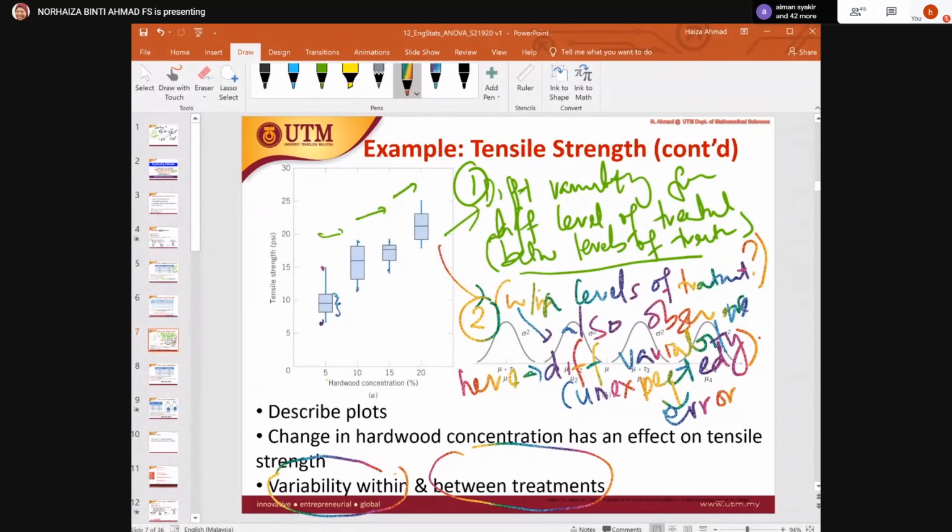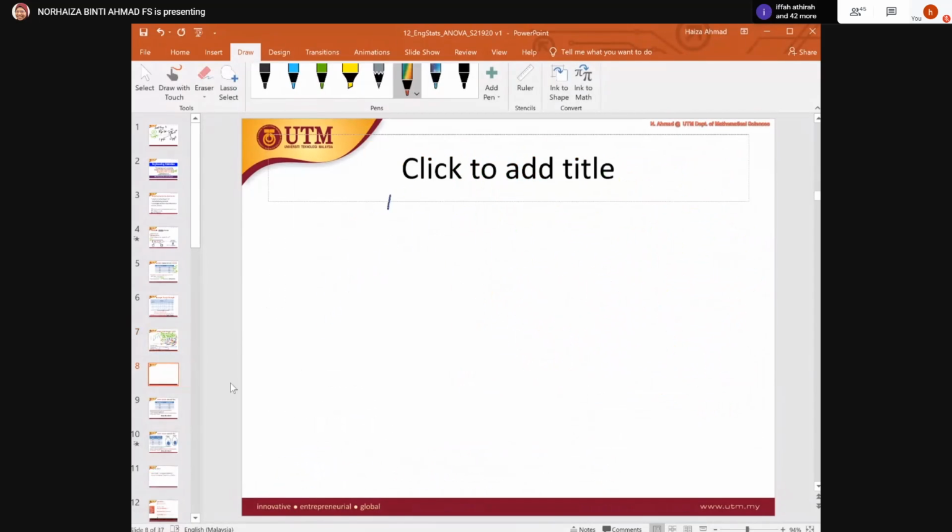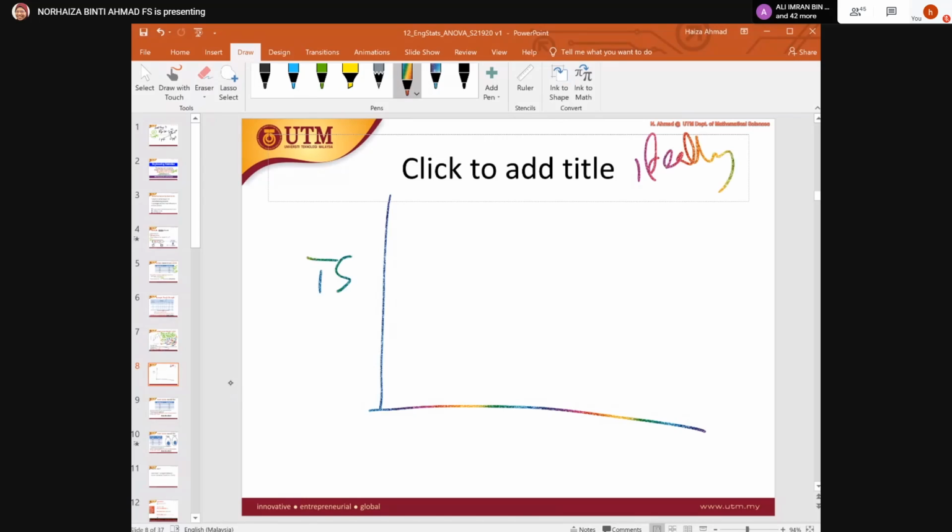Okay, so let me just draw ni. Kalau you ada box plot, katakan, so ideally, kalau this is your tensile strength and this is 5%, oh, let me just, this is 10%, 20%. Okay, contoh macam ini. Of course, you expect you punya box plot contohnya macam ini mungkin pendek je dia punya box plot.